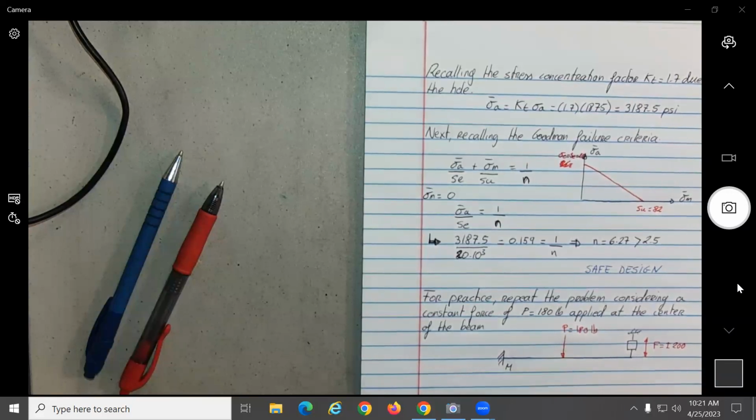Because of this P over here, now you're going to have a sigma sub m that is not going to be equal to 0. All right. So I'm going to give you about 15 minutes to do it. And if you have a question, you can call me and I'll go by your side and answer it.